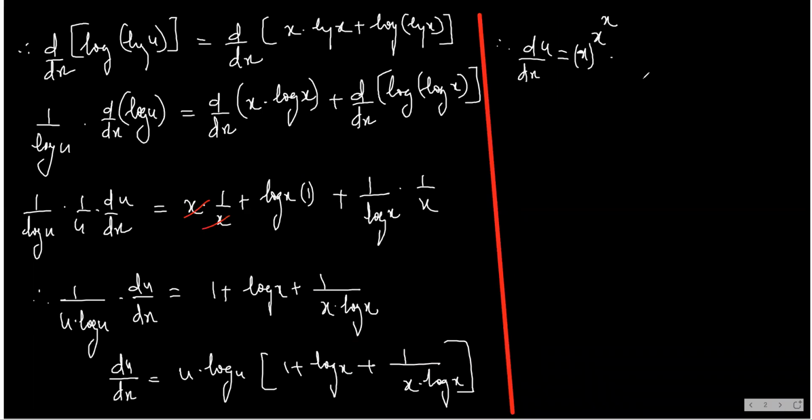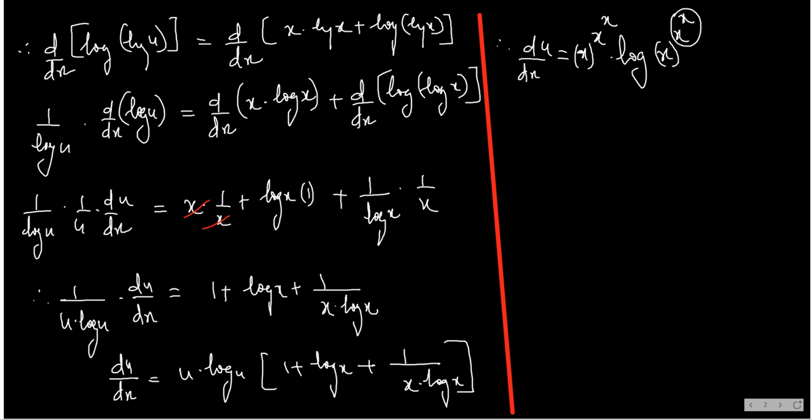And even if you do not write it, if I substitute for u only, it will become the same thing. How? See, log, and what is u? U is x raised to x raised to x. So this x raised to x will come here because of log of m raised to n.